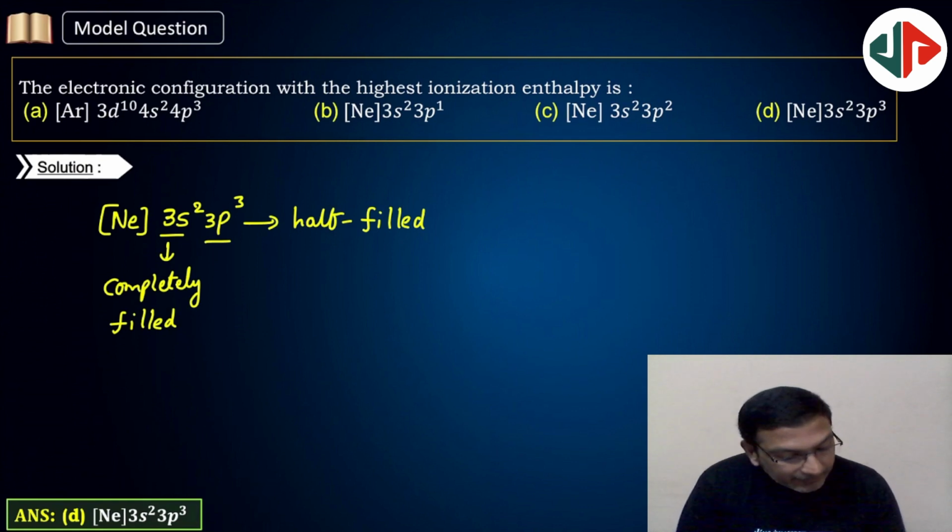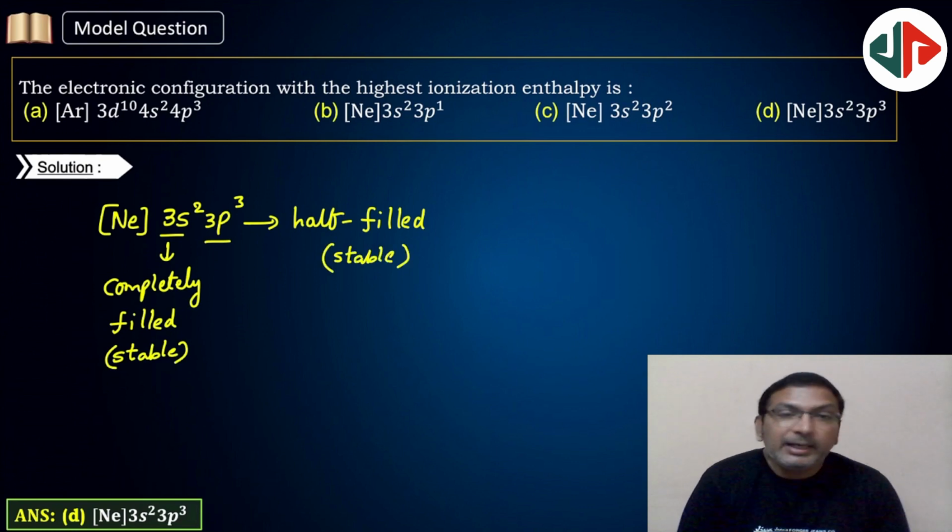Both are stable. Both configurations are stable. Therefore, a very high amount of energy is required to remove an electron from this configuration.